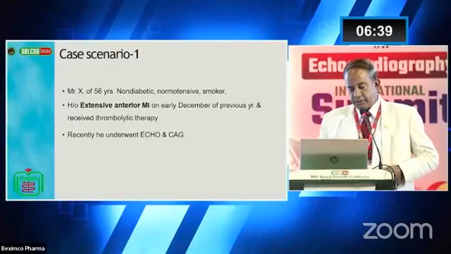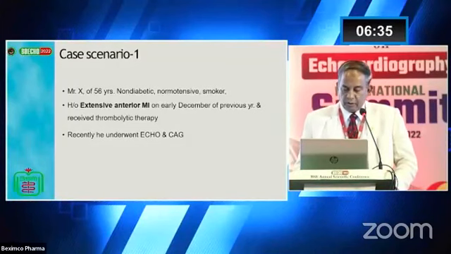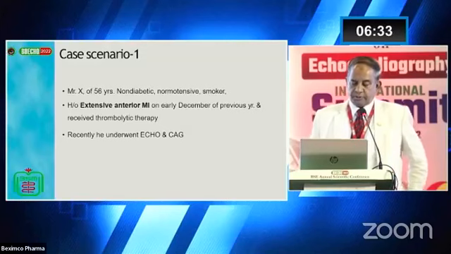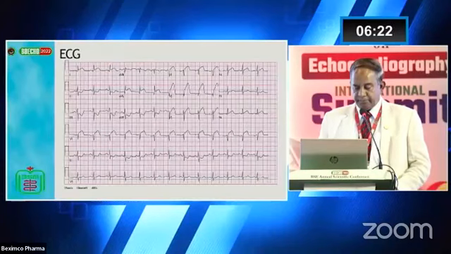Consider a case of a 56-year-old non-diabetic, normotensive smoker, having extensive anterior MI last December, who recently underwent echo and ECG. What do we have to see? This is the ECG of the patient, showing extensive anterior MI.